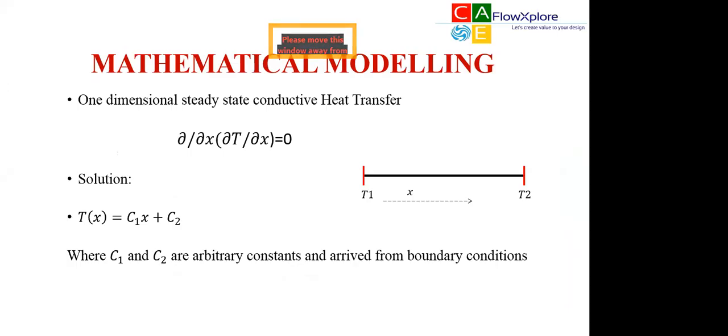You can see a bar, a kind of metallic bar. On one end, you have one particular temperature. On the other end, you have another temperature. Let us assume that T1 is greater than T2. When they are at different temperatures, obviously the temperature will be continuously changing at different locations.